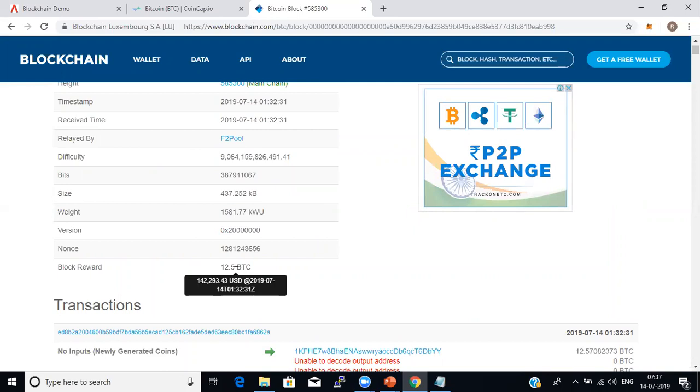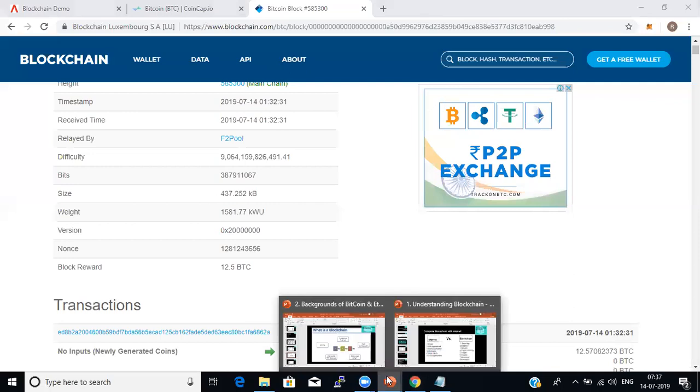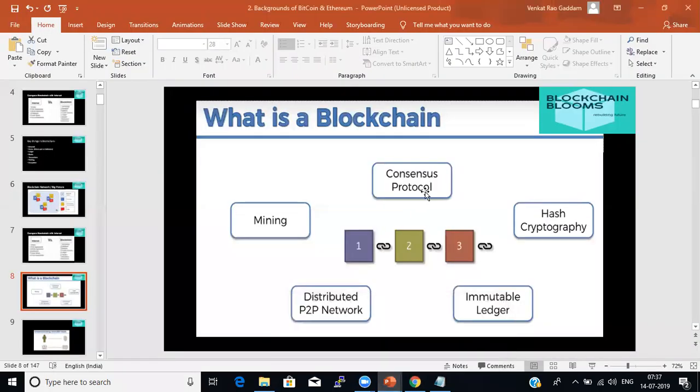That mechanism we'll call mining. And there is one more concept called consensus. These two are very important things. Mining, in one line: it is the process to create a new block.